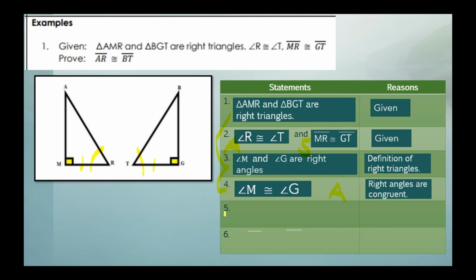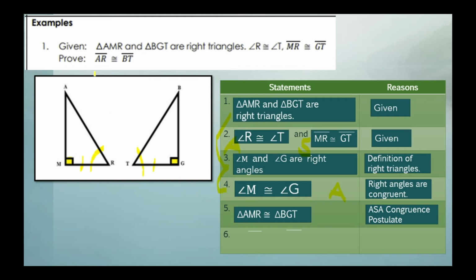So, sa statement number 5, kung naka-form na tayo ng postulate na ASA, we can say that triangle AMR, eto, is congruent to triangle BGT. Congruent yung dalawang triangle. Bakit? Because of this postulate, the ASA congruence postulate. Okay, so tapos na ba doon yung ating pagpuprove?